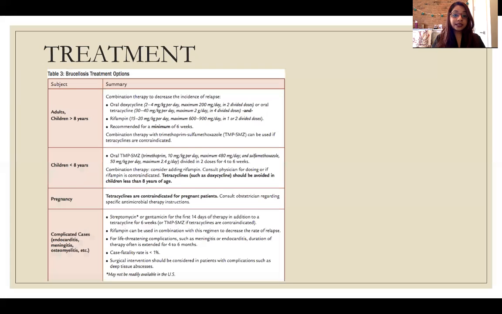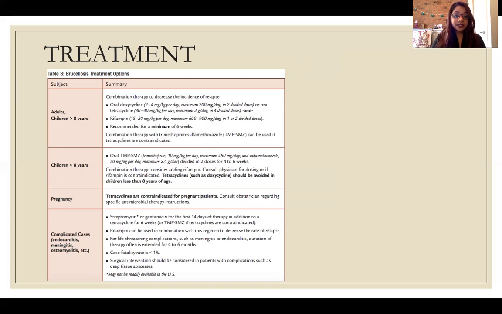For children less than 8 years, you want to give them oral trimethoprim-sulfamethoxazole divided in 2 doses for 4 to 6 weeks. You can consider adding rifampin along with this. In pregnancy, it might be a little bit difficult because tetracyclines like doxycycline are contraindicated for pregnant patients. So you want to consult an obstetrician if there's a pregnant female who might have contracted the disease.